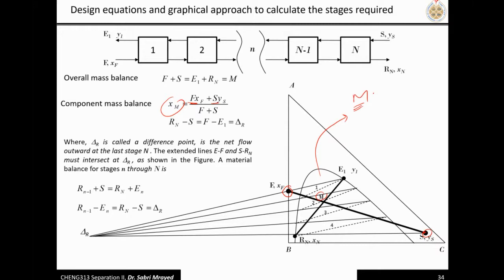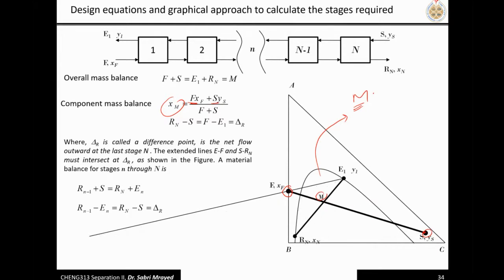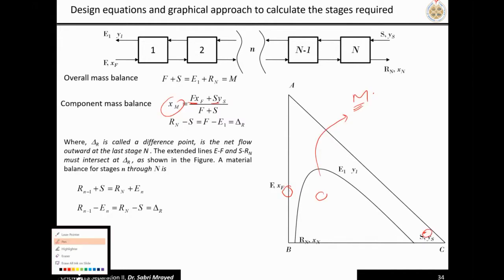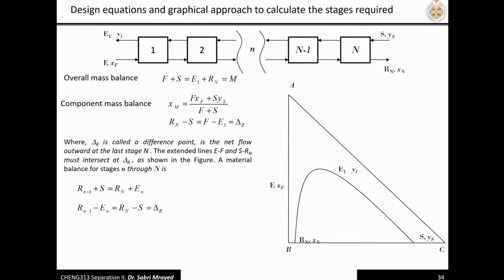We can. Let me do it step by step here. So now I know F and S. So this is my F, and let's assume the solvent could be anywhere here. But now I know how to get M. So I go up here to M and go horizontal, and this is now my M.